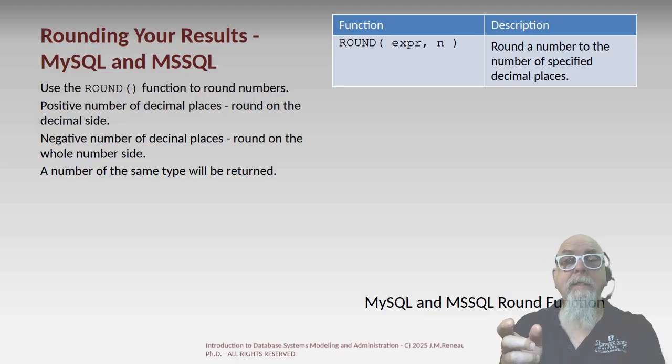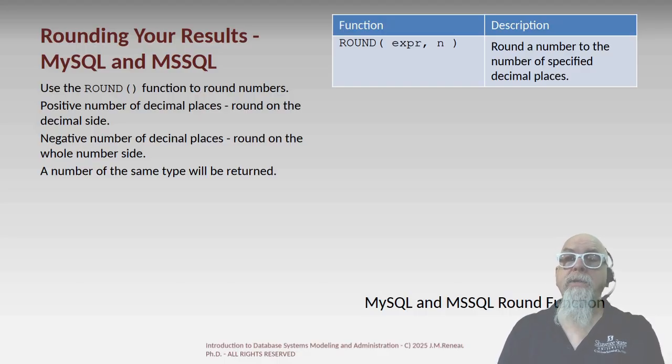Well, that's easy because you can use a negative n. Negative 1 would round it to the tens, negative 2 would round it to the hundreds place, and negative 3 would round it to the thousands place, or round those three digits off to be zeros. So that is really cool.